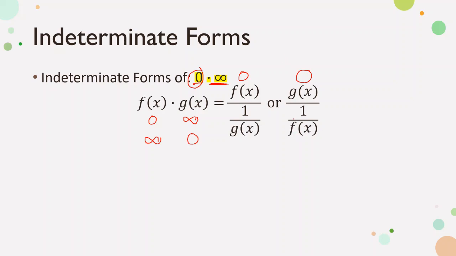Okay, so do not be confused. Again, you just have to select whichever would become 0. So that would be our numerator, and the denominator is the one that becomes infinity after we have substituted the limit. So let's try some examples.